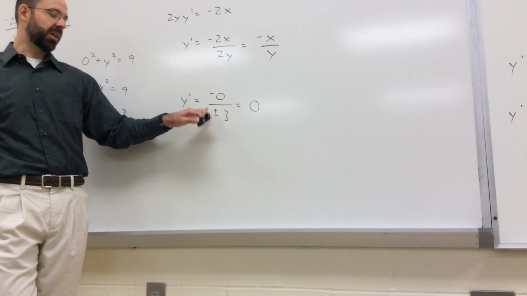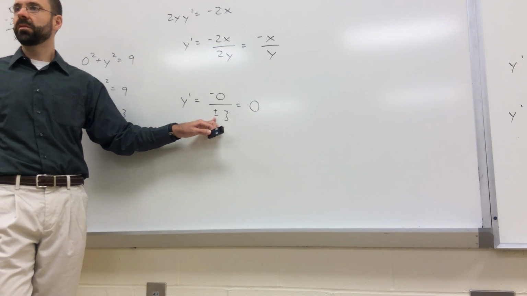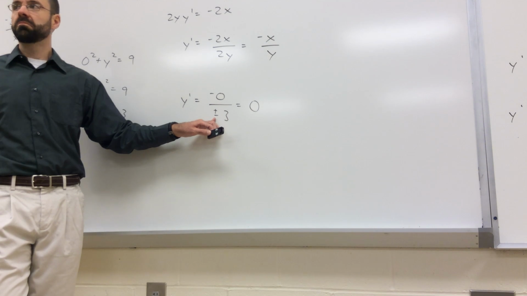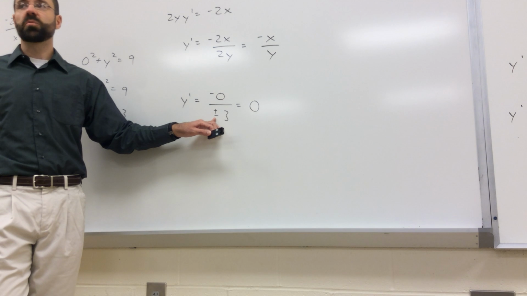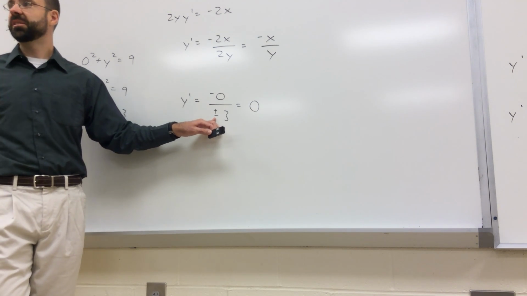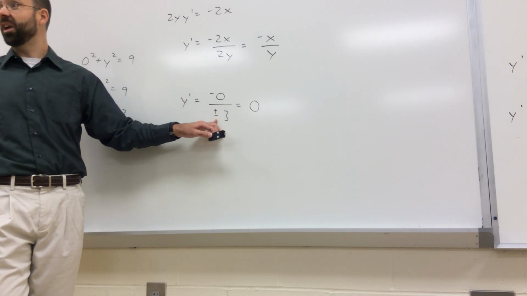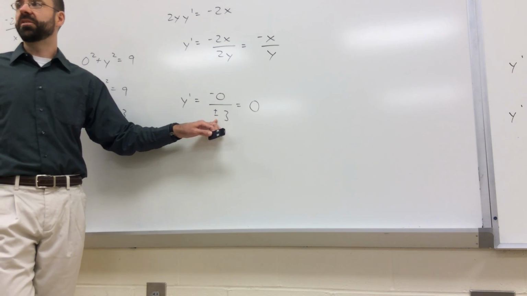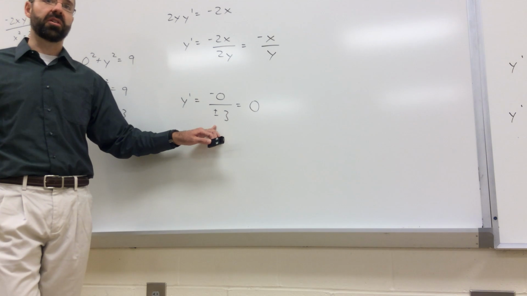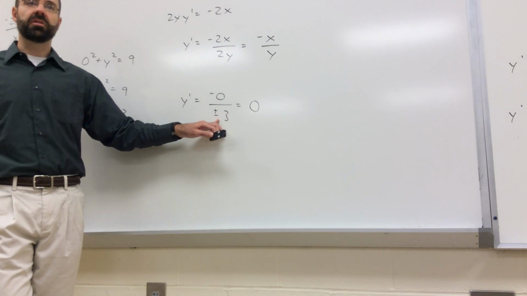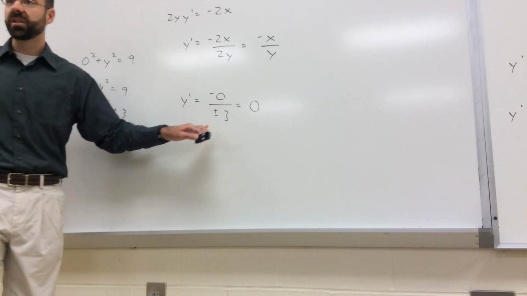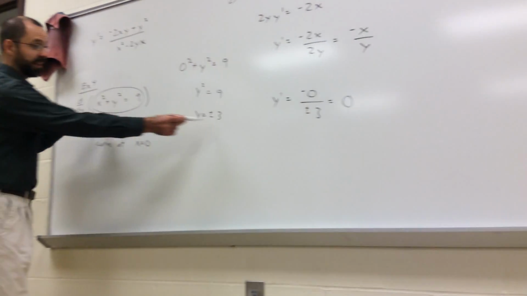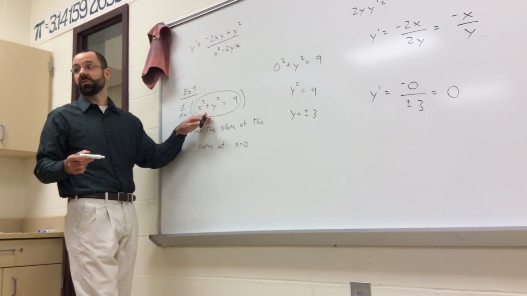Didn't I know 0 divided by anything was going to be 0? There's one number that could have been 0, in which case it would have been does not exist. So I had to be a little bit careful. 0 divided by most things is 0, but 0 divided by 0 isn't 0. So I had to watch out for that. Plus, I wanted you to realize that you could find the y value by using the original formula.